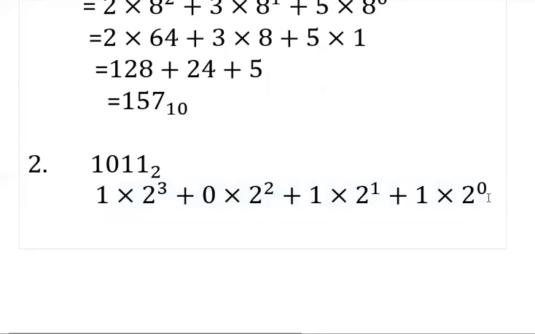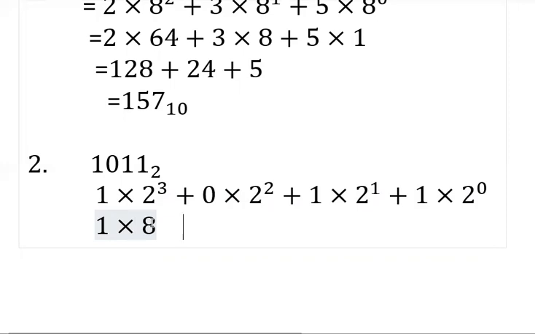Don't forget. You can now say 1 times, now 2 raised to power 3. That means 2 times 2 times 2. That's 2 times 2, 4. 4 times 2, 8. 2 raised to power 3 is 8.